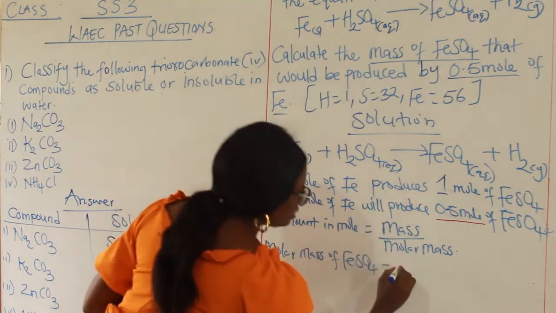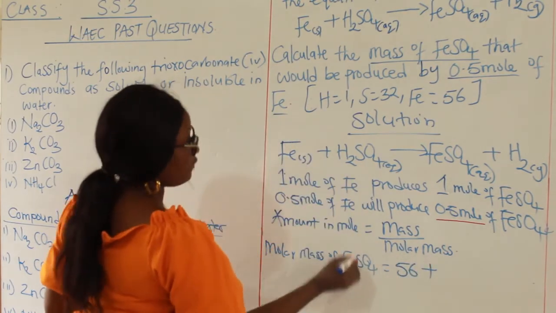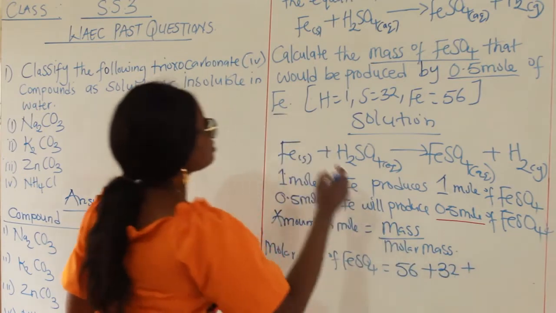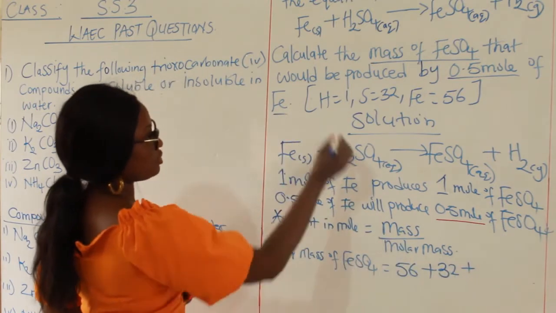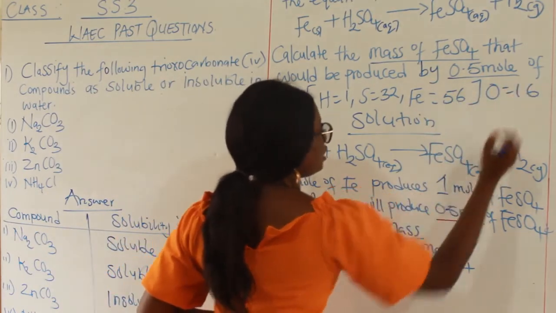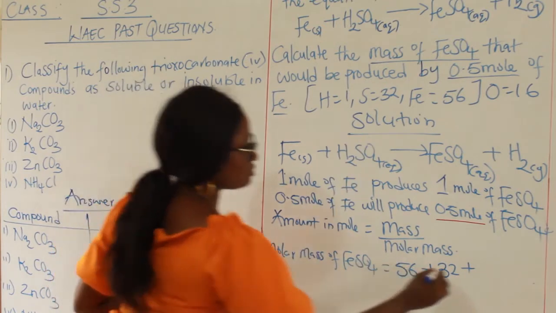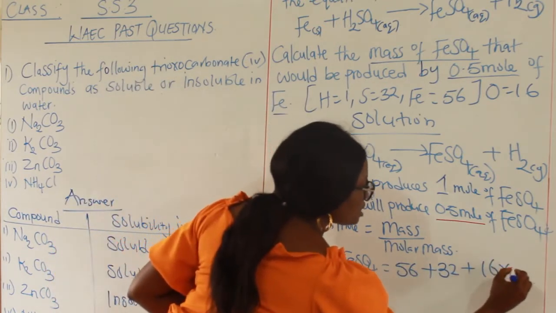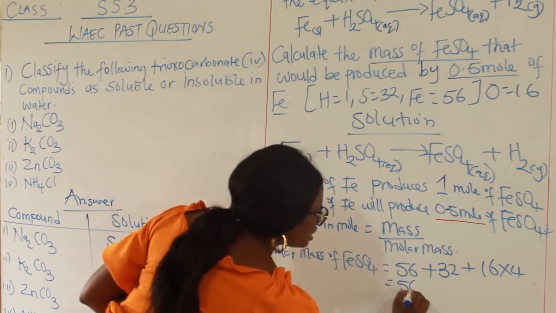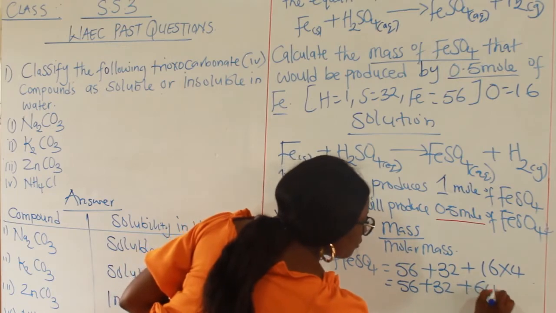iron is 56, so we say 56 plus sulfur is 32 plus, then oxygen was not given, of course you know oxygen is equal to 16, so oxygen is 16, then you have 4, so it is 16 multiplied by 4, okay, so you have 56 plus 32 plus 64.